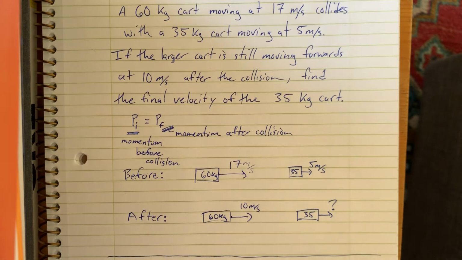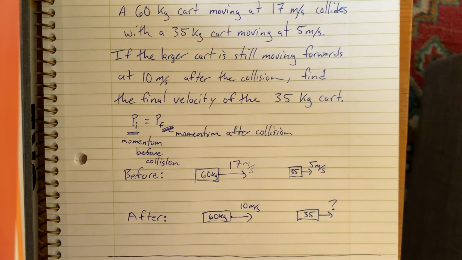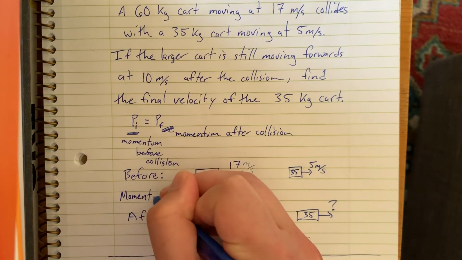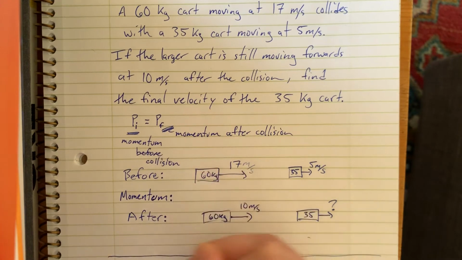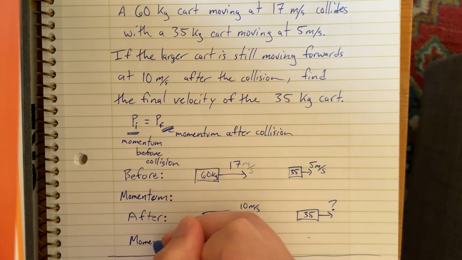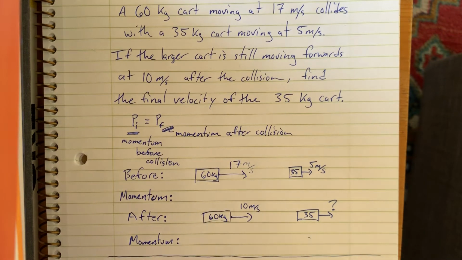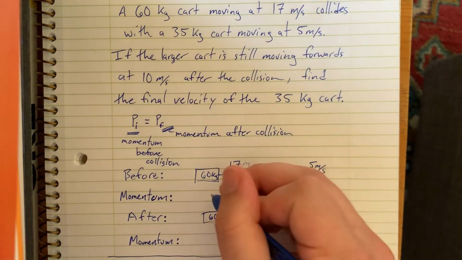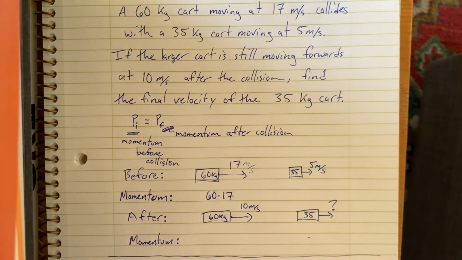So like I said, we're interested in the momentum before the collision and the momentum after the collision. So I'm going to calculate some momentum right here, and under each cart, I'm going to write what its momentum is. Momentum is mass times velocity. So for this one I'm going to write 60 times 17.